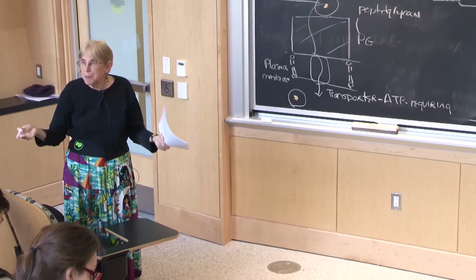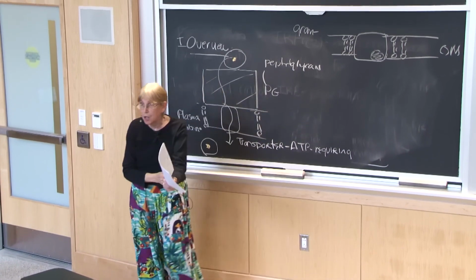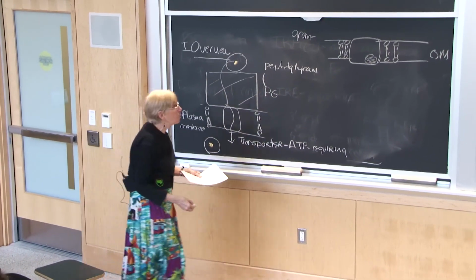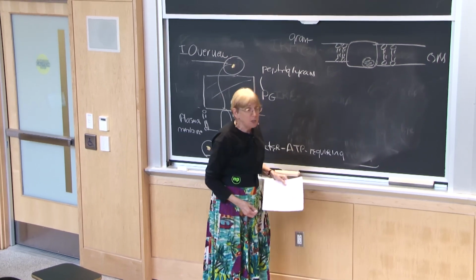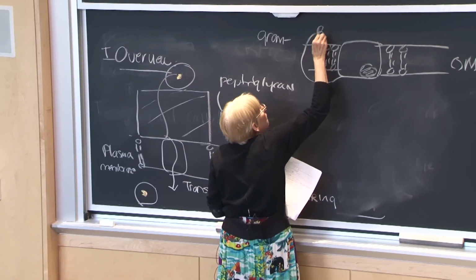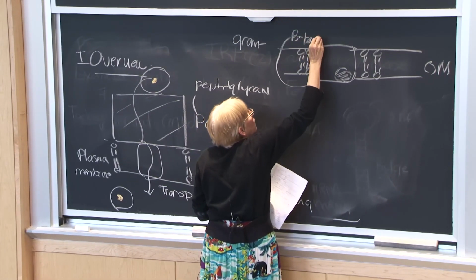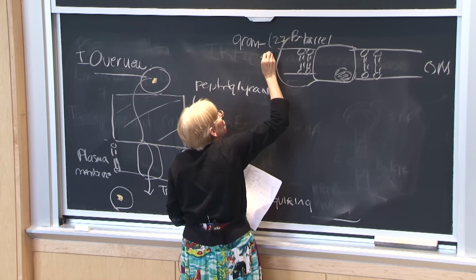There are many, many of these proteins. In fact, if any of you heard Dan Kahn's talk this past semester, he's figured out how these things get made and inserted in the outer membrane. It's an interesting problem. So these are beta barrel proteins, and they have 27 strands.